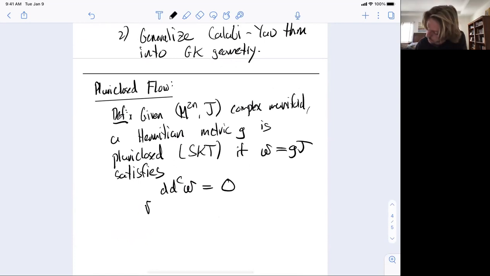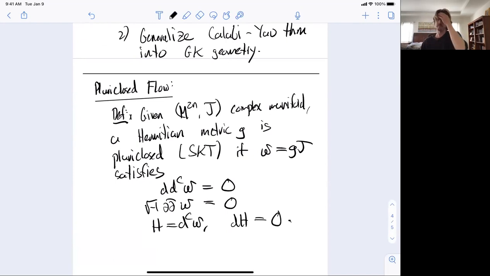So this is the same as i del del bar omega equals 0. And then maybe looking forward, we could say H is d^c omega and dH is 0.